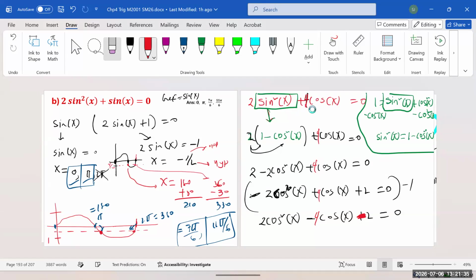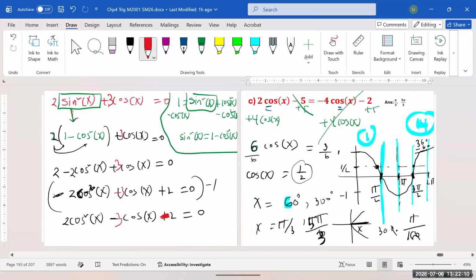But 3 is possible. 3 will work, actually. Now it's going to work. 2 times 2, 4. So 4 times 1, 4, 4 minus 1, 3. Yeah, it's going to work.